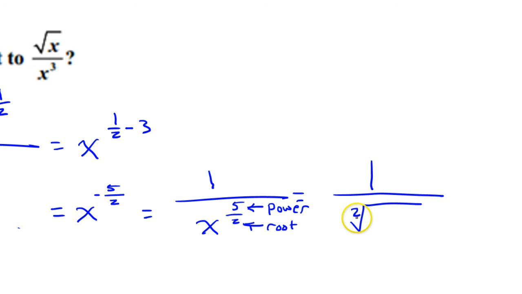You don't put the little 2 there. It's understood. So I'm just going to erase that 2 now. It's the second root of x, and then the fifth power. It doesn't matter whether you put the fifth power on the outside like this, or on the inside like this. Those would have been equivalent.